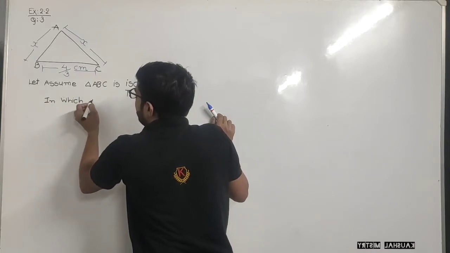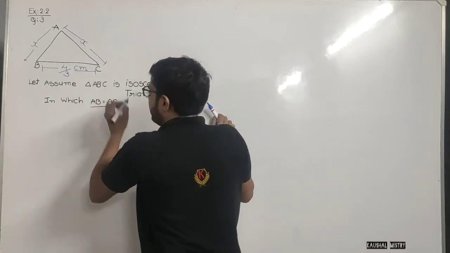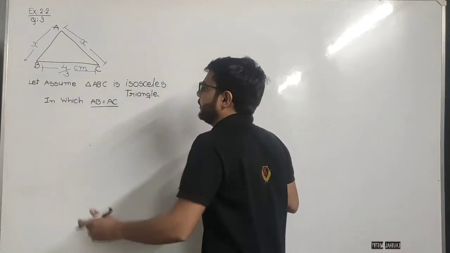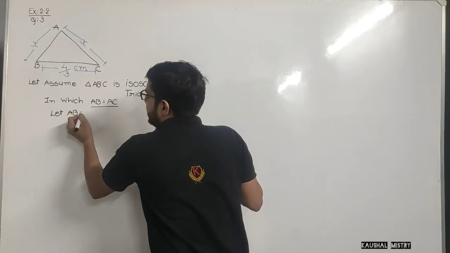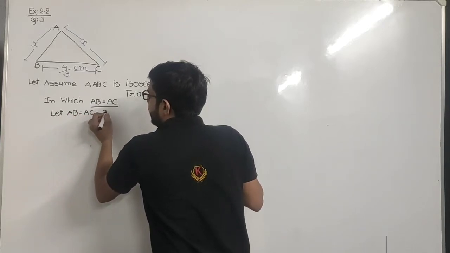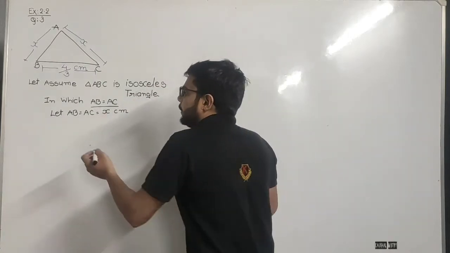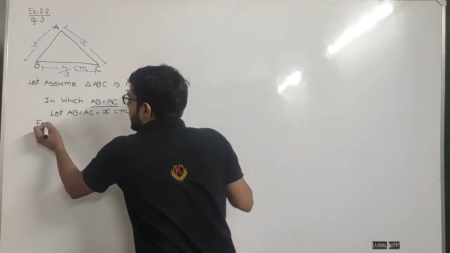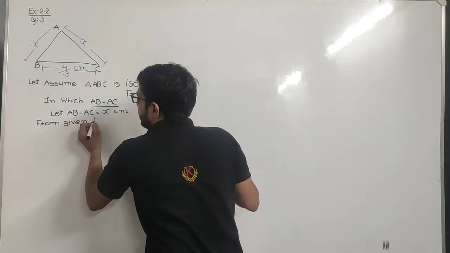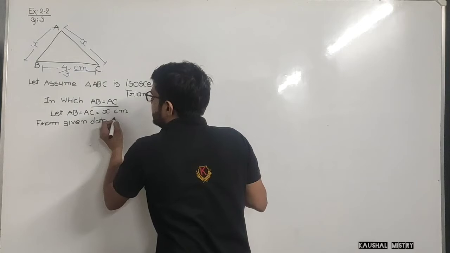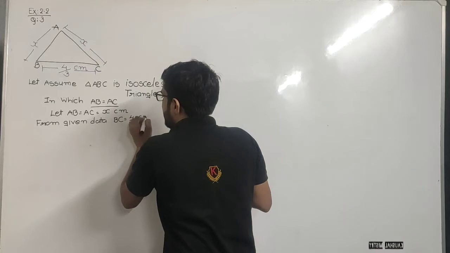Which two sides? AB and AC both are equal, and we are going to take this equal side as x. Let AB and AC be equal to x centimeter, right? And from the given data, the base is given, and we will take the base as BC, and base BC is equal to 4 upon 3 centimeter, right?